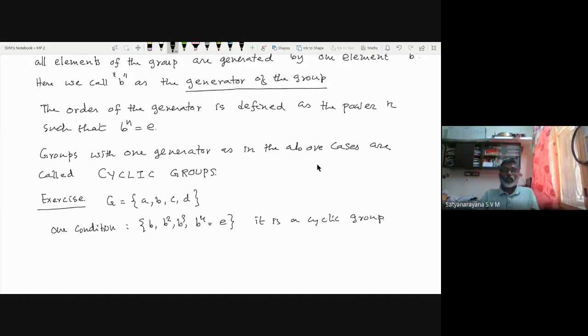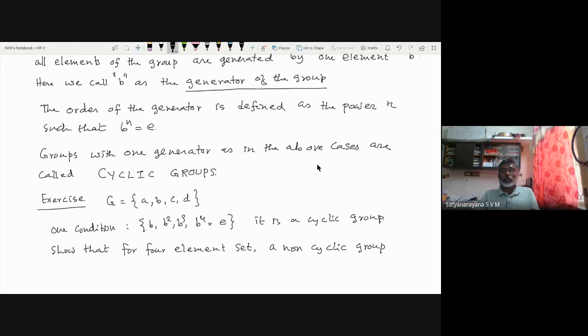Now show that for a 4 element set, a non-cyclic group exists. So please write down the group multiplication table and then use rearrangement theorem, and then show that a non-cyclic group exists.